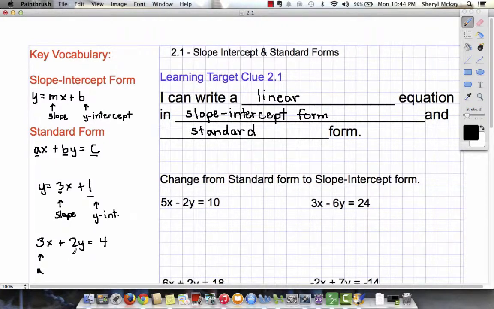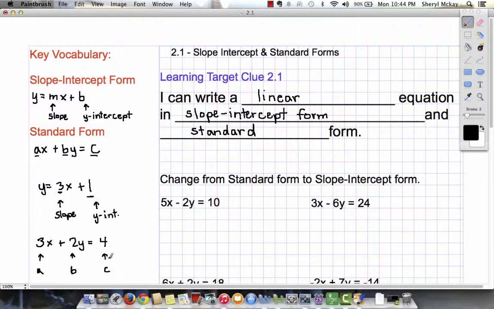Our b is the 2. And our c is the 4, sorry. So those are our two forms, and if you can see the x and the y, if you can tell that one is slope-intercept and one is standard, you should be doing just fine.